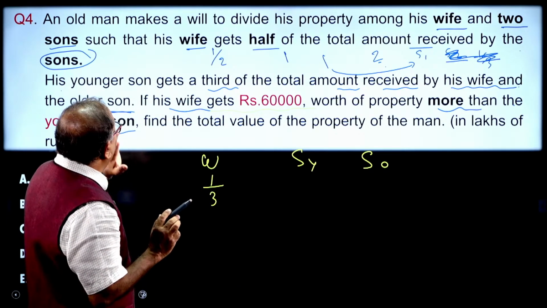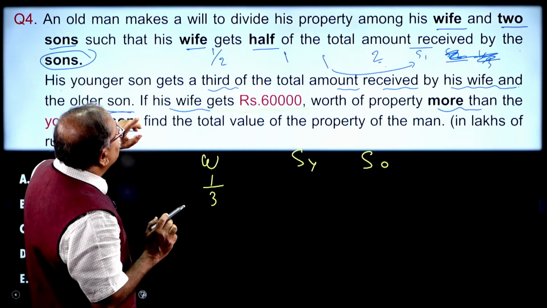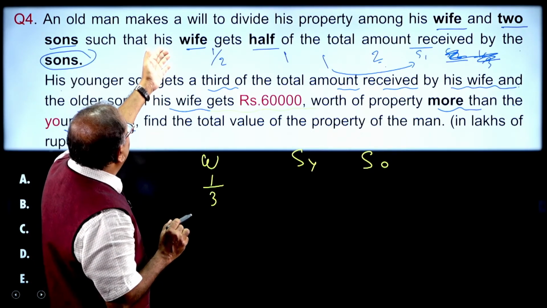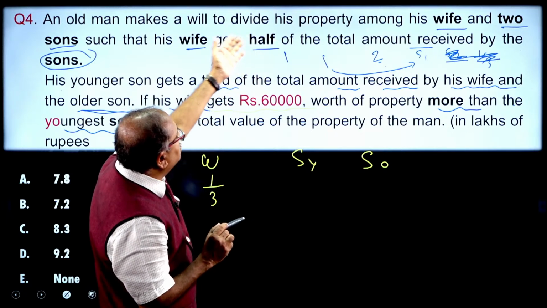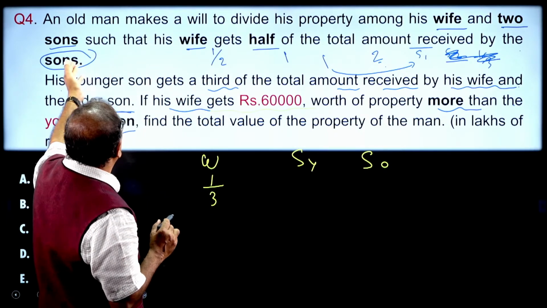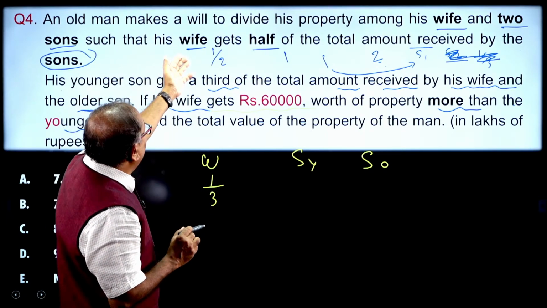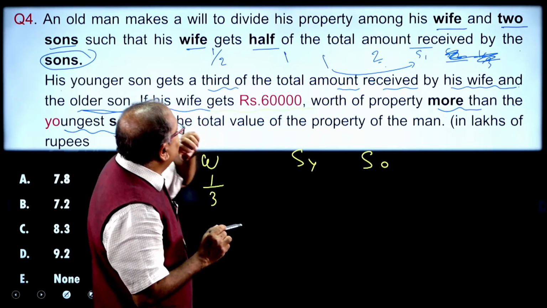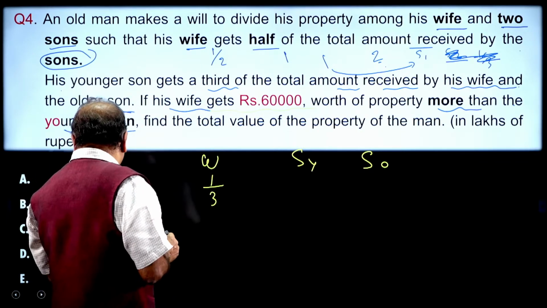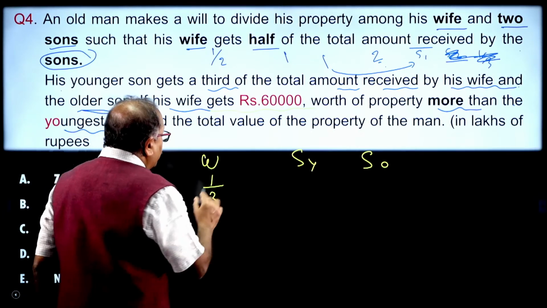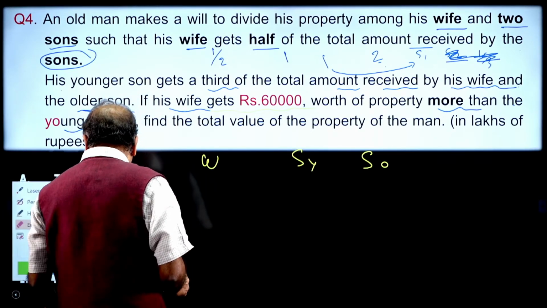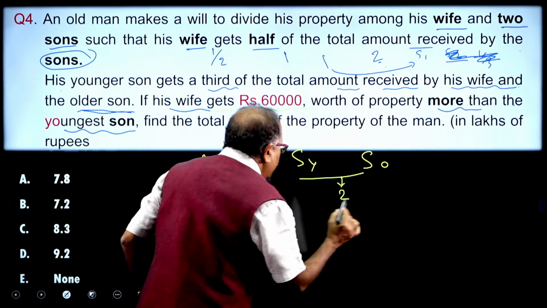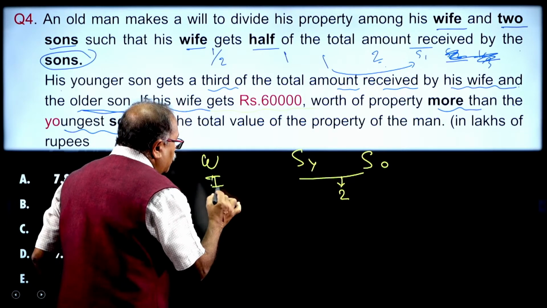Okay. Wife gets, why did I write 1/3 here? So, divide the property among wife and 2 sons in such a way that wife gets half of the total money received by both the sons. Okay. Received by both the sons. Then if both the sons are getting 2 parts, then wife is getting 1 part.